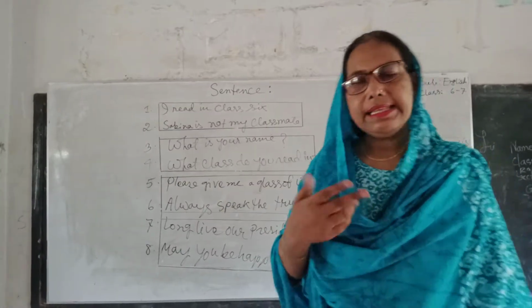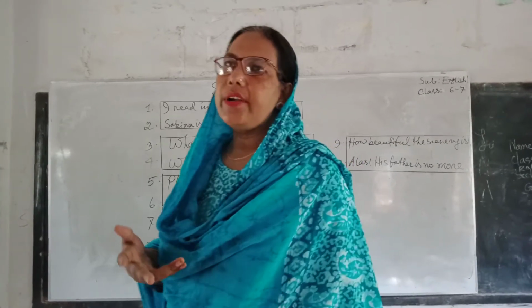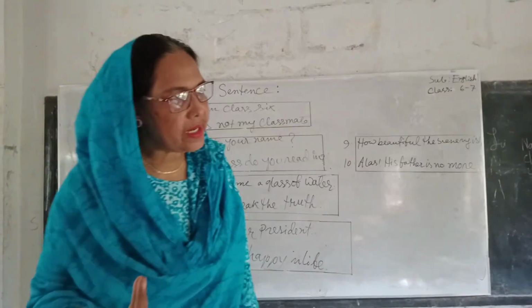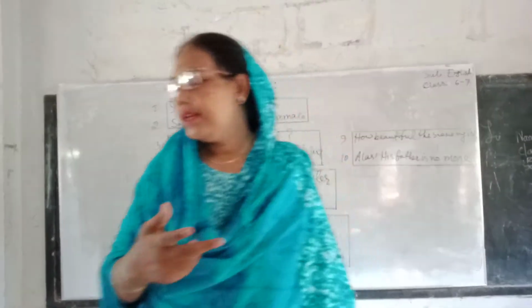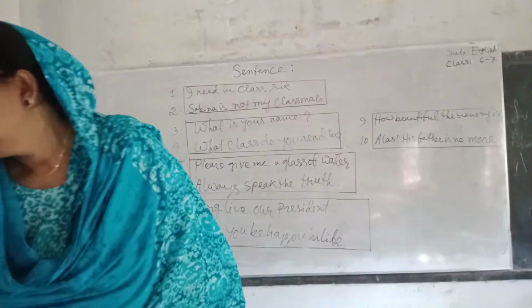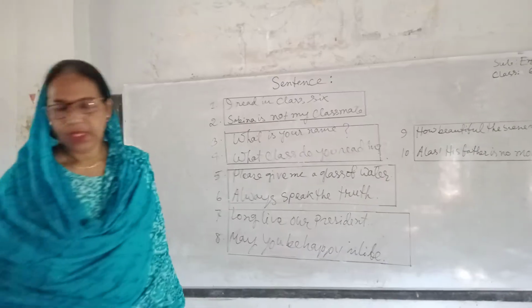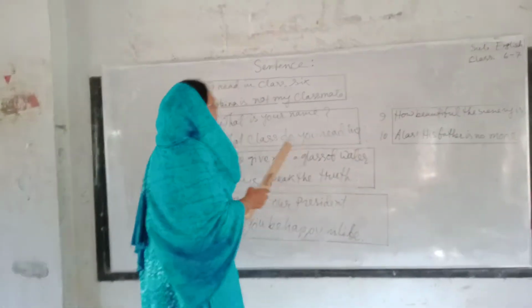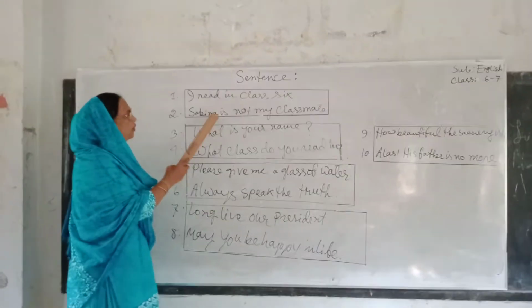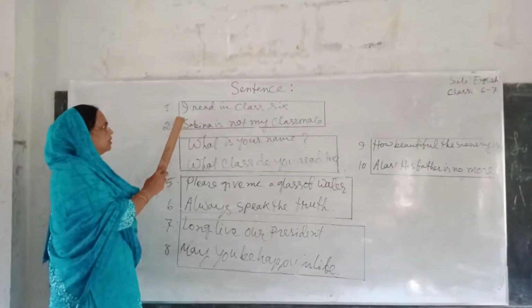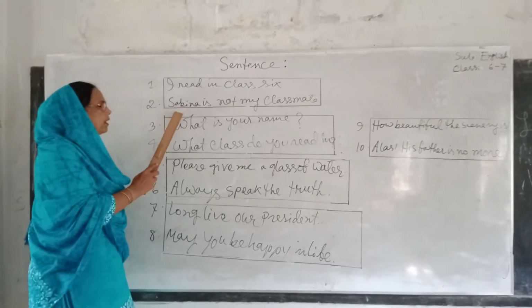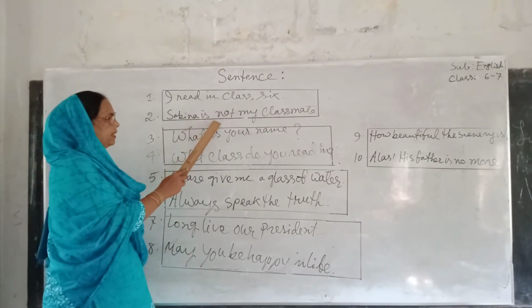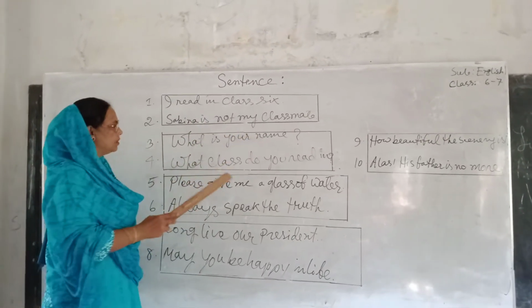Dear student, in this class I would like to share with you the classification of sentence according to their meaning. Okay, follow the whiteboard. Sentence one, I read in class 6. Second, Sabina is not my classmate.